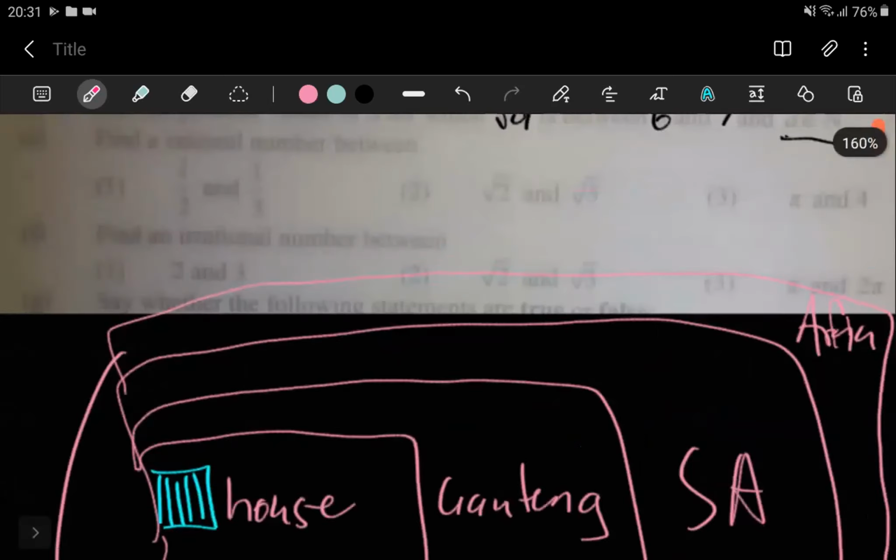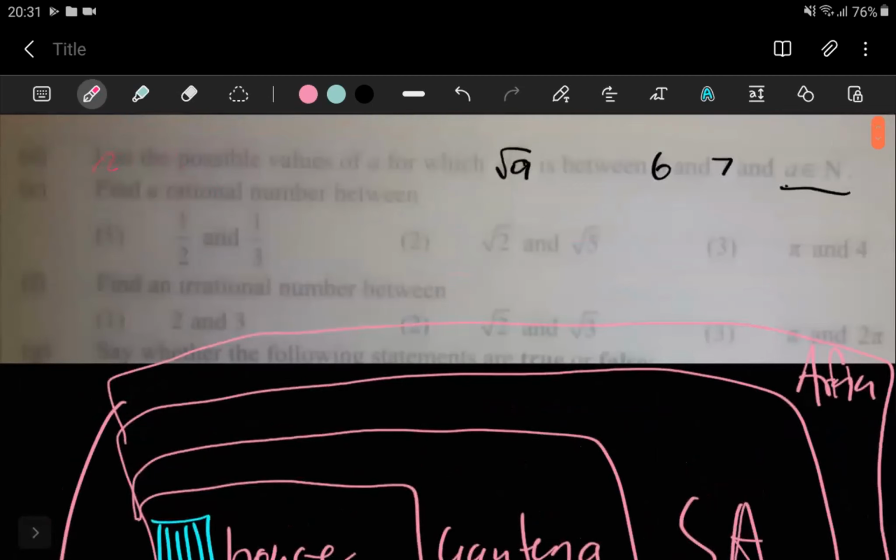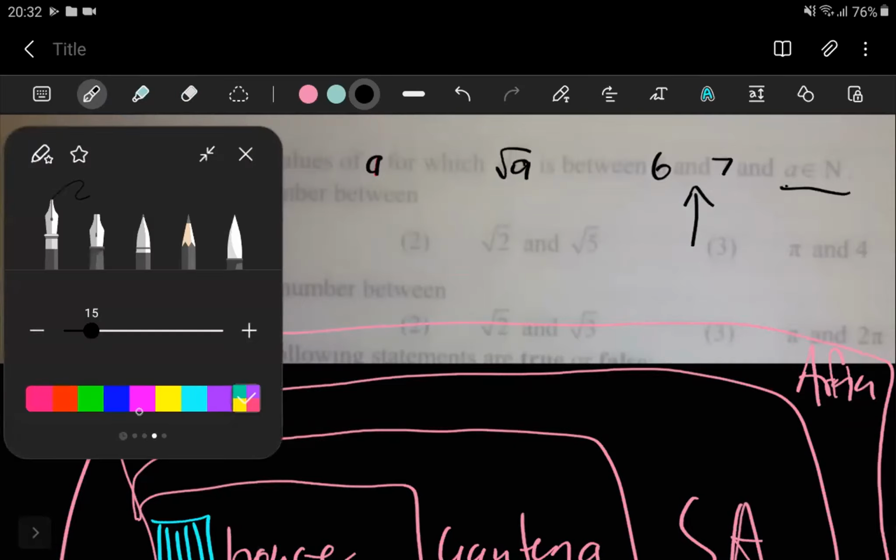So for example, it says list the possible values of A for which square root of A is between 6 and 7. Okay, so if square root of A is between 6 and 7, you can always just reverse engineer that question.